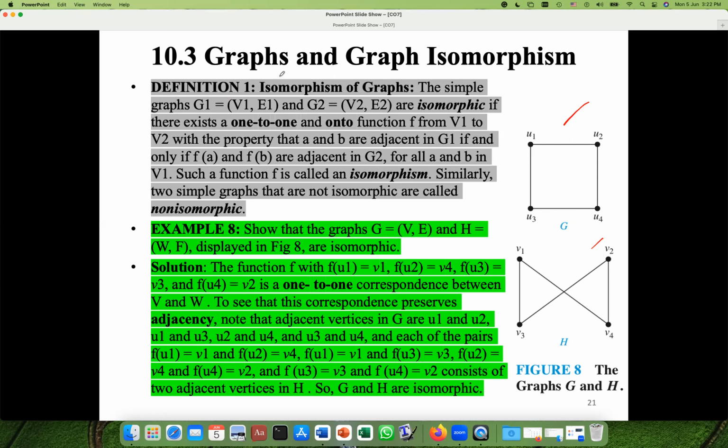You will find different definitions at different places, because there is more than one way to prove isomorphism.